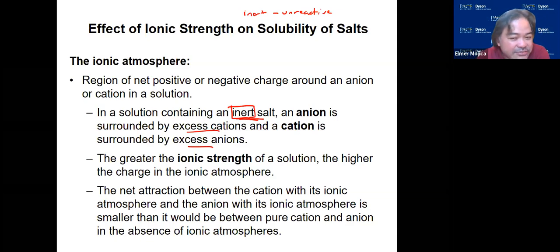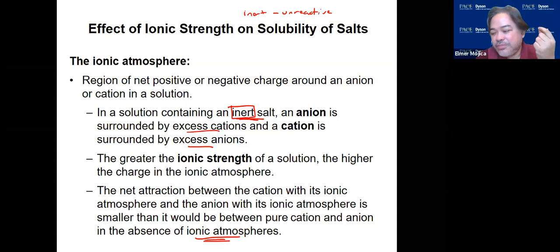And the net attraction between the cation with its ionic atmosphere and the anion with its ionic atmosphere is smaller than it would be between pure cation and anion in the absence of ionic atmosphere. So that explains why there is greater solubility when you add an inert material.